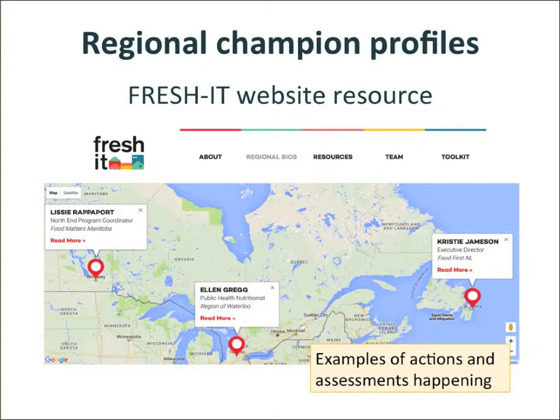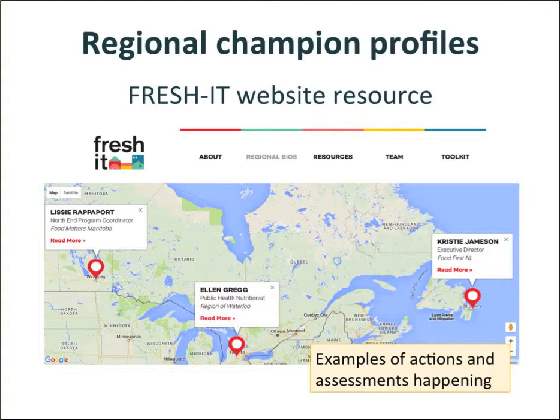Because we know that these things are important, and they're really important in the policy readiness tool, we've created a bit of a community of practice hub. We've just started it with our pilot sites that are part of the Fresh It projects. We are going to use the website to post examples of actions and assessments that are happening, and also key facts and key evidence that are emerging from these communities, so you can begin to read about what's happening in different food environment settings and different contexts and apply them to yours.